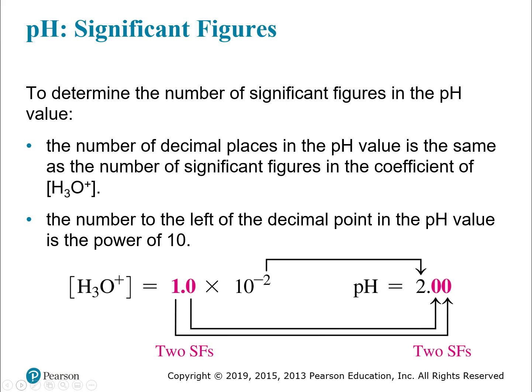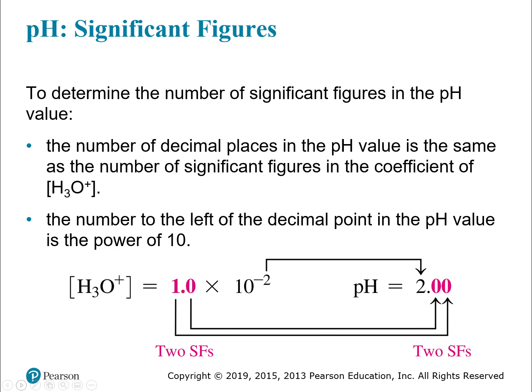We also have to talk about significant figures. Significant figures with pH is a little bit funky, a little bit different. To determine the number of significant figures in a pH value, you have to put a certain number of decimal places.